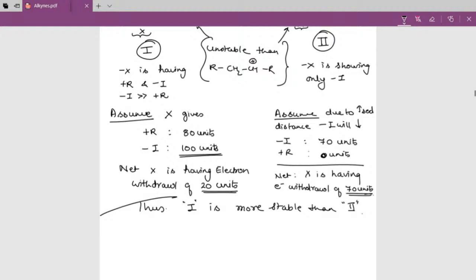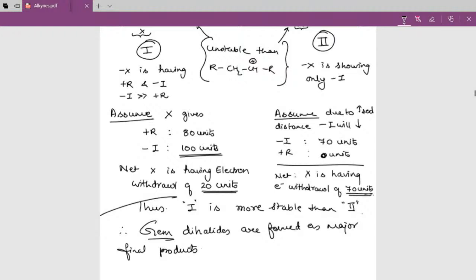And then if 1 is more stable, therefore gem dihalides are formed as the major final products. Please mark this word, gem. Please keep a memory of it. If you can download these videos, keep them like a note.